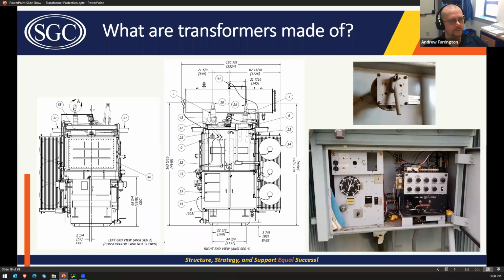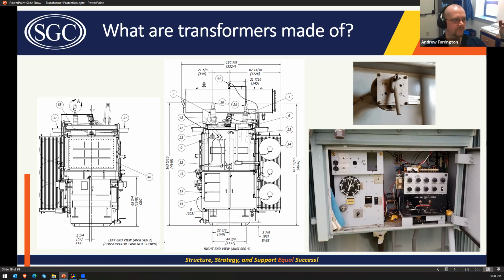As the load increases or decreases, it's drawing more current or less current. And the more current you draw through a fixed impedance, you get a voltage drop across that impedance. But you at your house want to have 120 volts. You don't care what the load is on the entire distribution circuit.